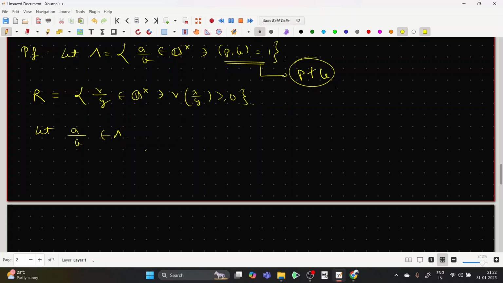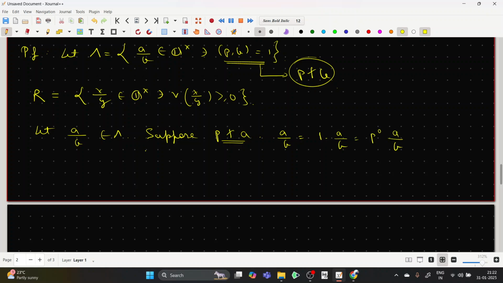Now observe the important cases here. Suppose P does not divide A. There can be only two possibilities, right? Either P divides A or P does not divide A. Suppose P does not divide A. Then I can write A over B as 1 times A over B, and I can write 1 as P to the power 0.